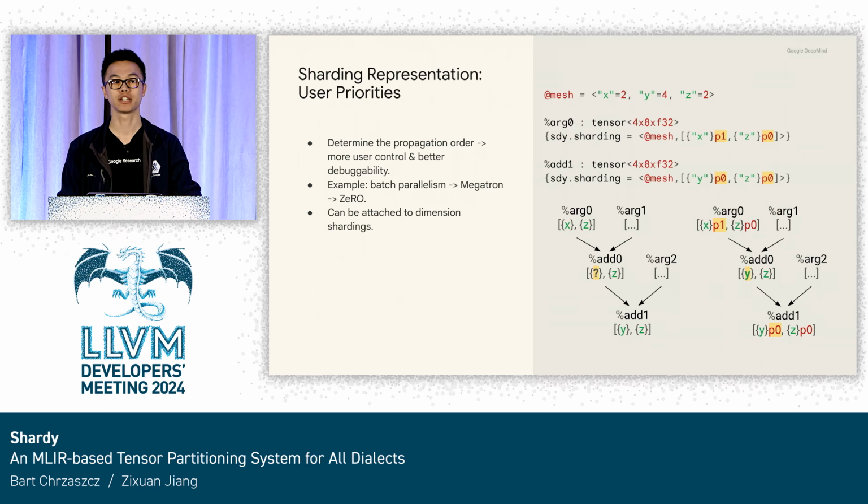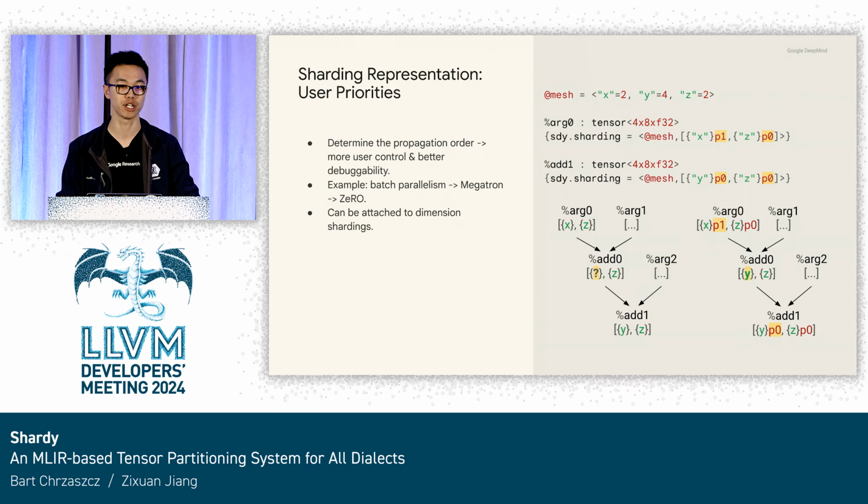We also provide priorities for the users. These priorities can be used to determine the propagation order, which provides more user control and better debuggability for the users. For example, it's easier for users to implement different levels of hierarchy of propagation with different priorities.